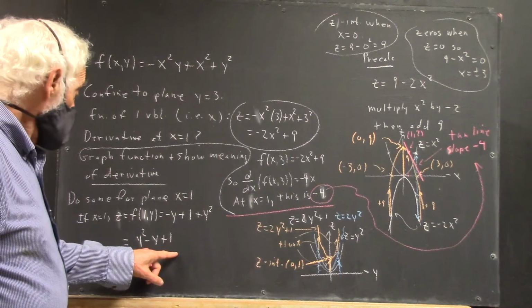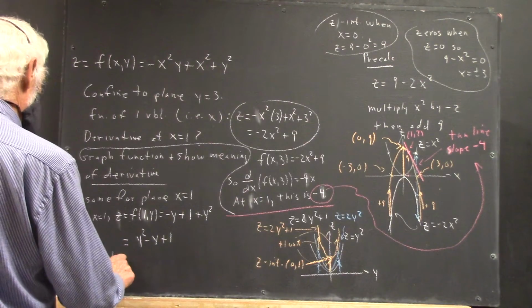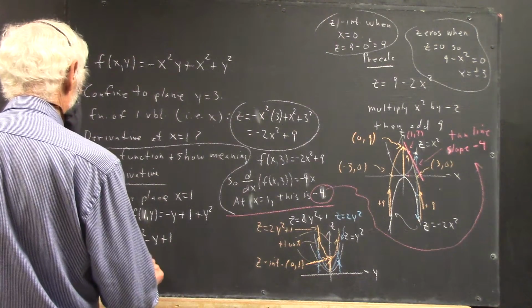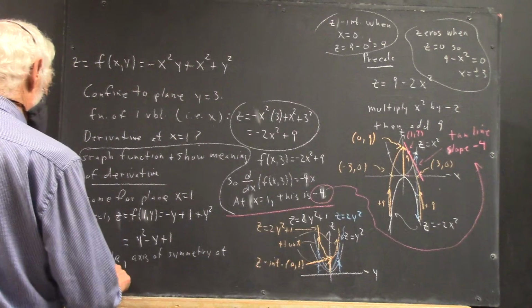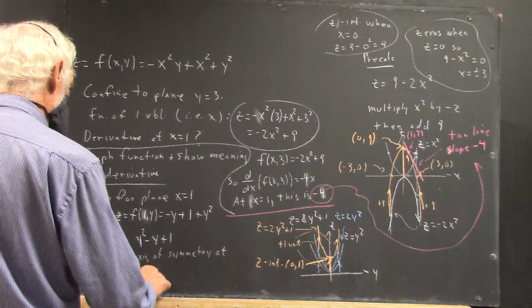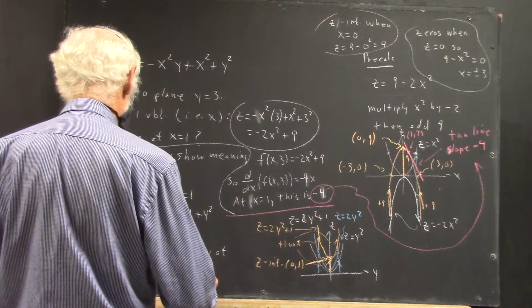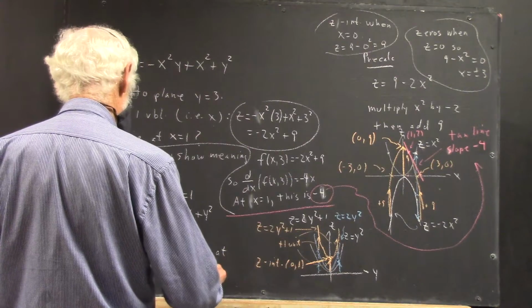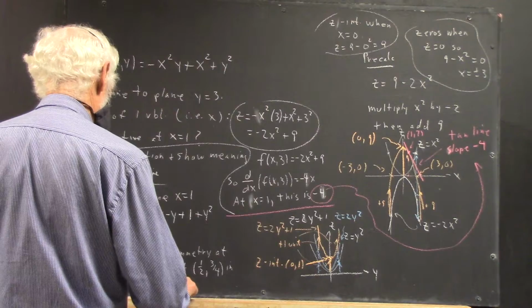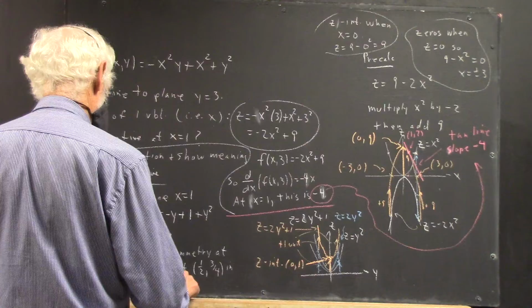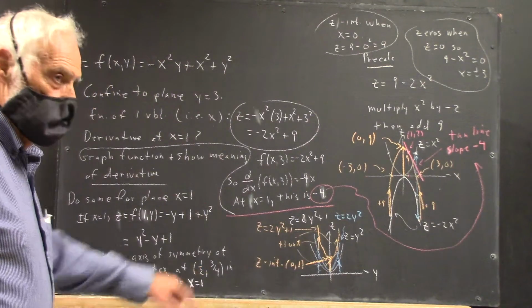This gives you a parabolic graph. And I believe the vertex is at 1/2, 3/4.